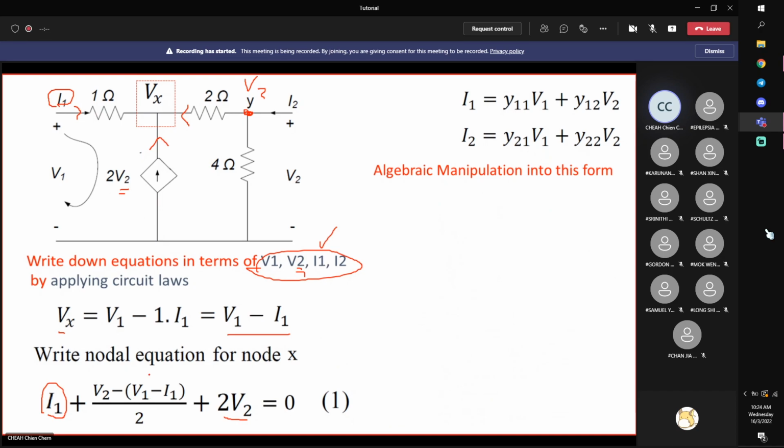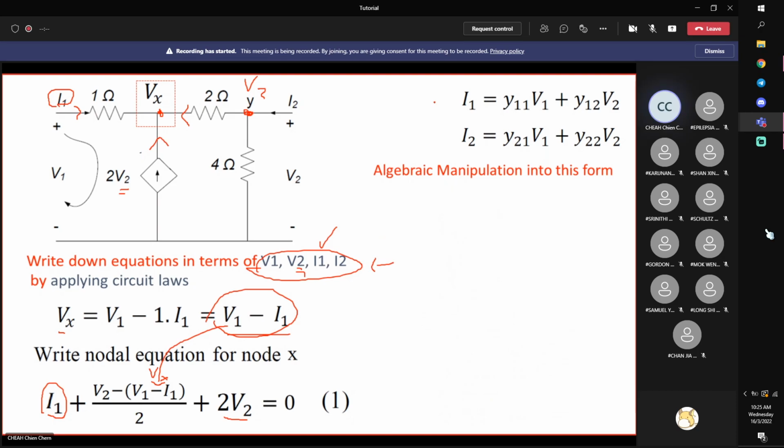V2 minus Vx divided by 2 is the current flowing into the node through the 2 ohm resistor, but Vx should be expressed in terms of the two-port network variables, V1, I1. So we put it into here. Then everything is in terms of V1, V2, I1, I2. Look at equation 1. I have no other variables except these 4 variables.